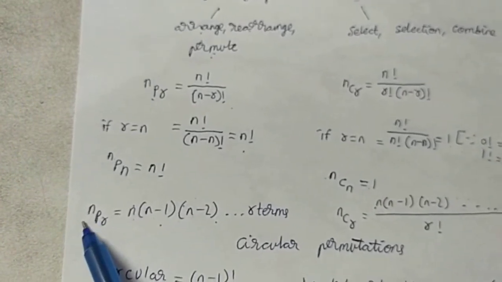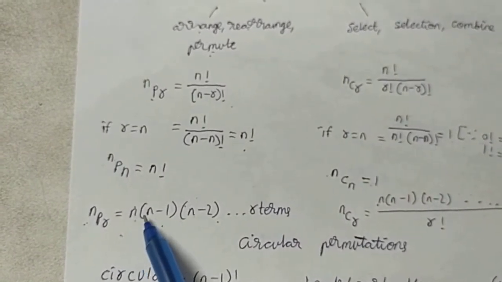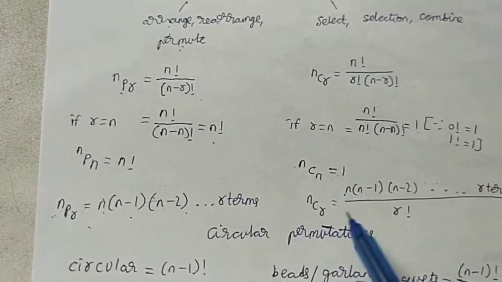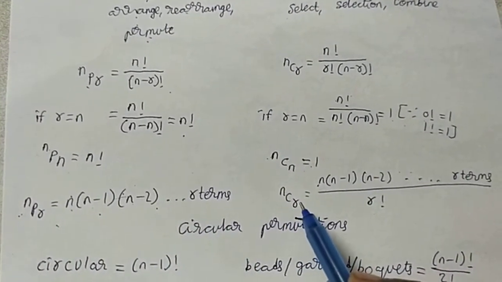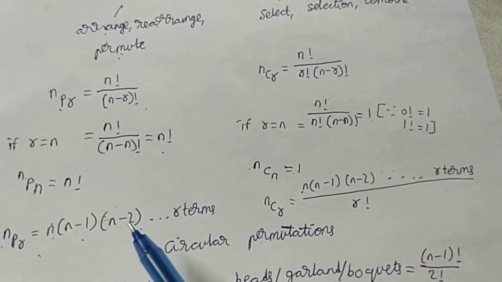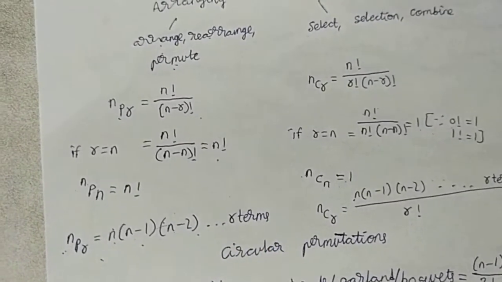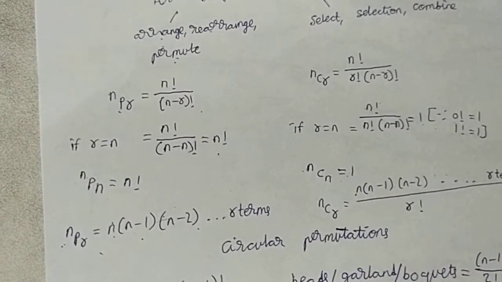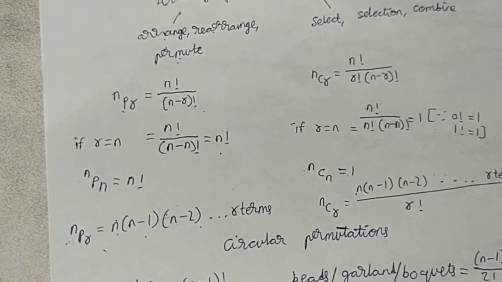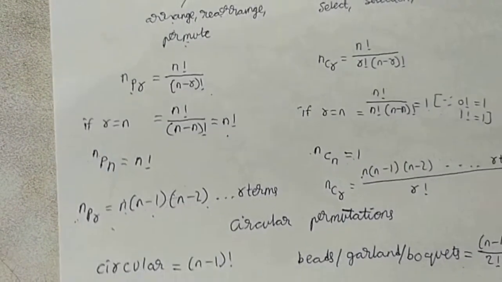If they ask nPr, we take n into n minus 1, n minus 2, and so on up to r terms. In combinations, it is nPr by r factorial. If r is equal to 2, then we take n into n minus 1.